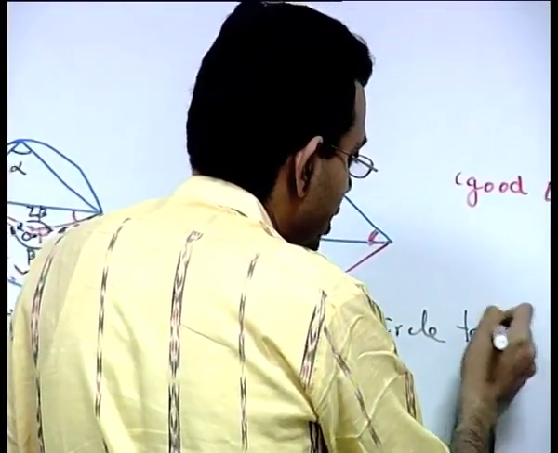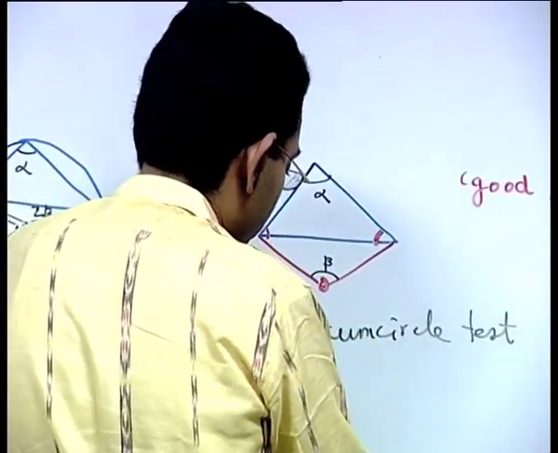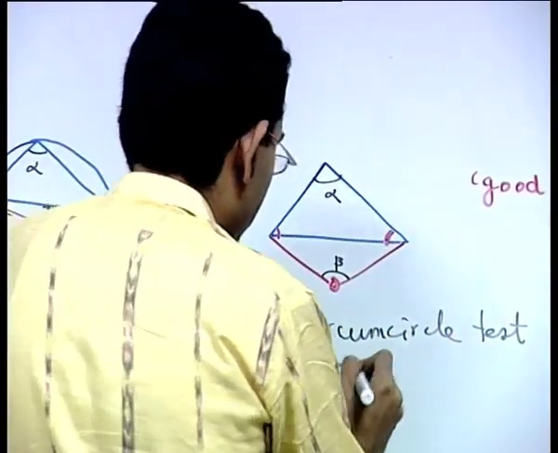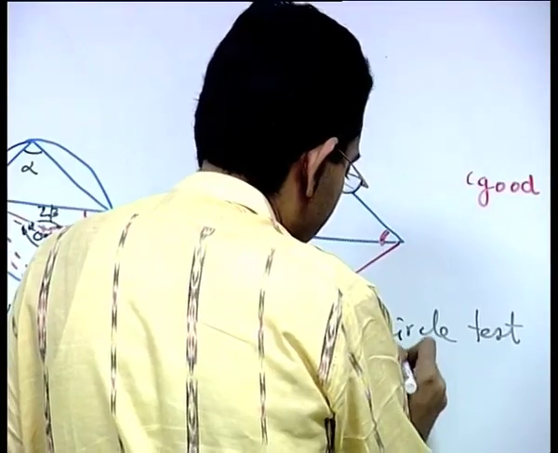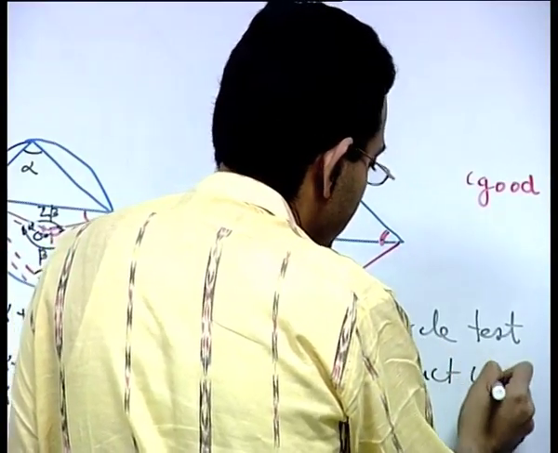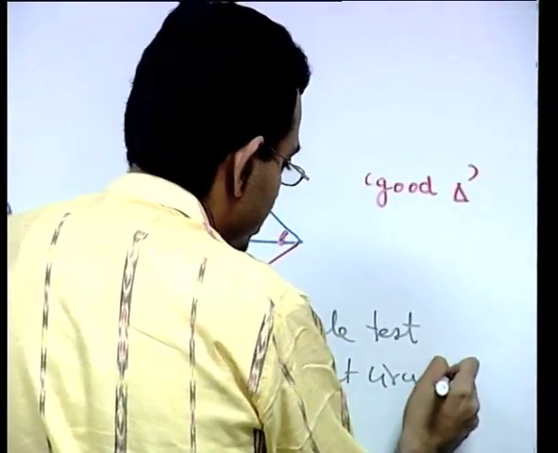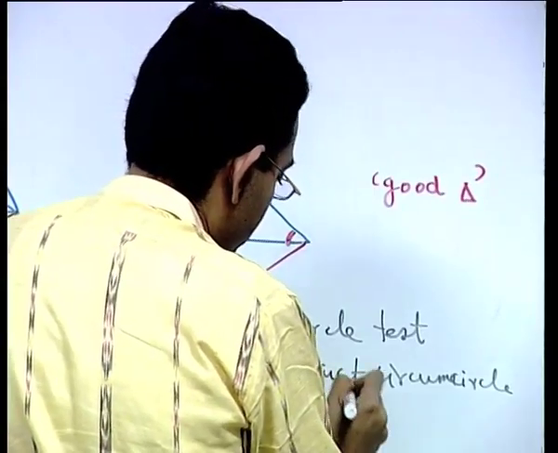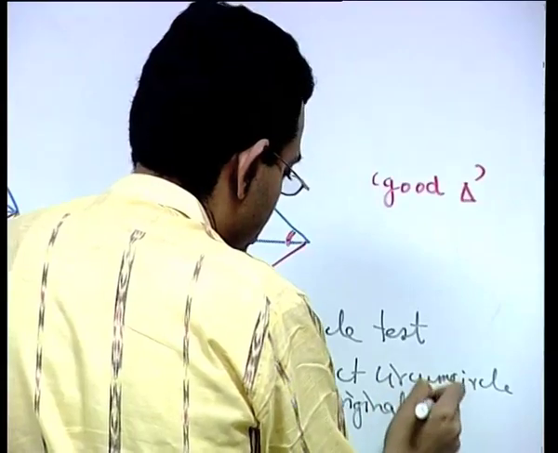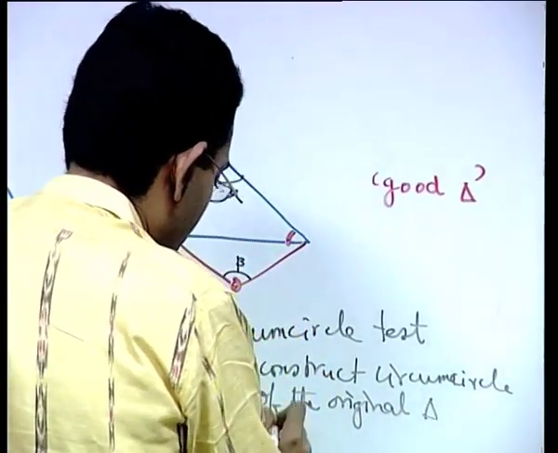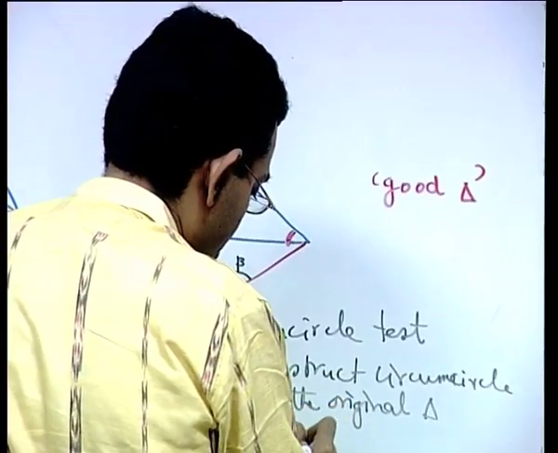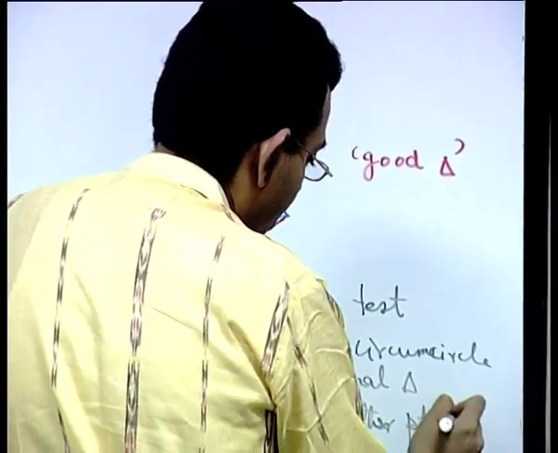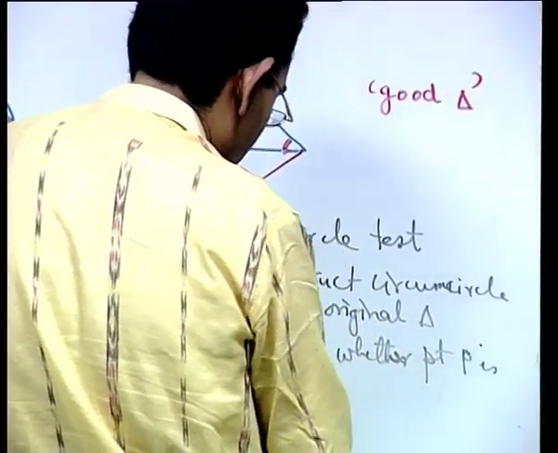So, in the circumcircle test, what you do? Construct the circumcircle of the original triangle, check whether point P is outside the circumcircle.